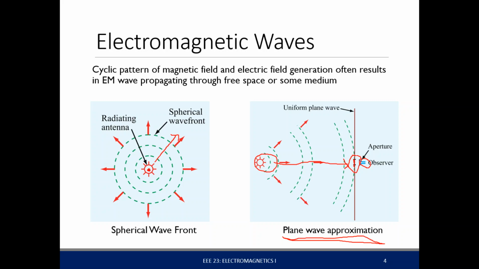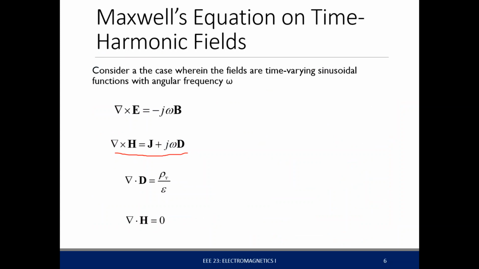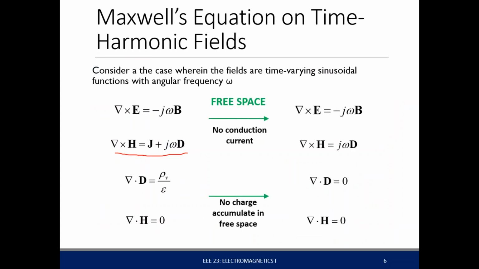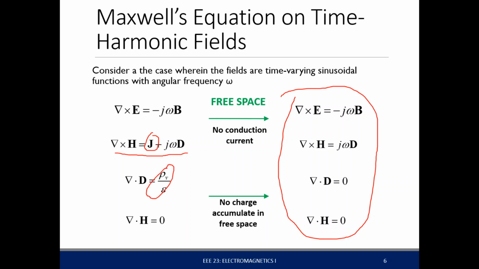Therefore, if this is free space, there is no conduction current anywhere in this region as it propagates, and there is no charge anywhere in the region. Our Maxwell's equations become this. There is no conduction current and there is no charge stored.